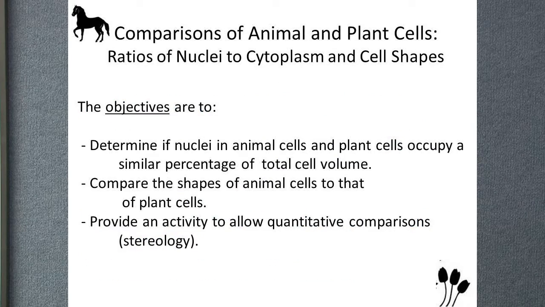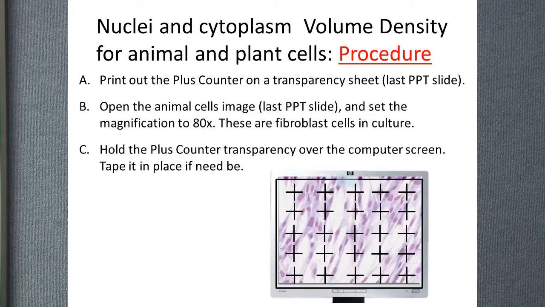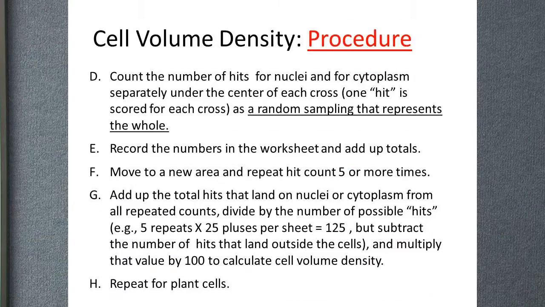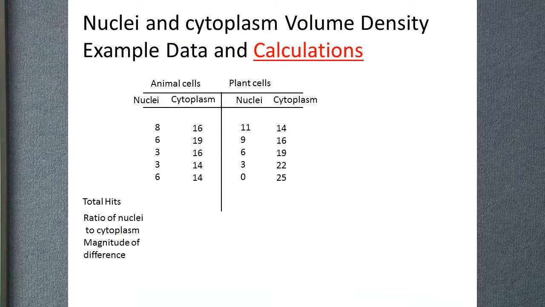We just have these comparisons between animal and plant cells is what we want to do. This is a plant cell where we put a transparency over a computer, and we actually do this counting. Here we can see it. We count the crosses that land over the animal cell or the plant cell, and we look at the ratio of the cytoplasm versus the nucleus. This is a way that we bring mathematics in.